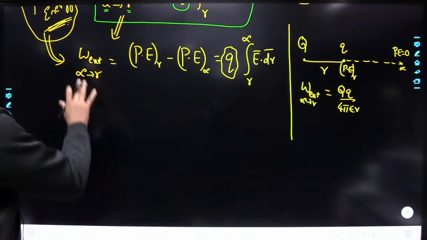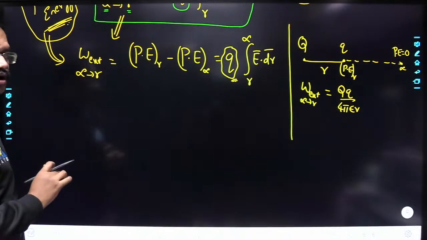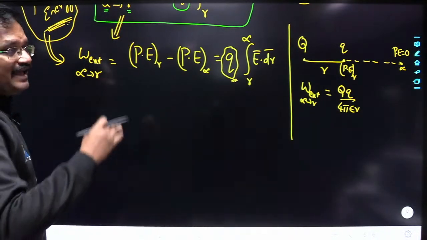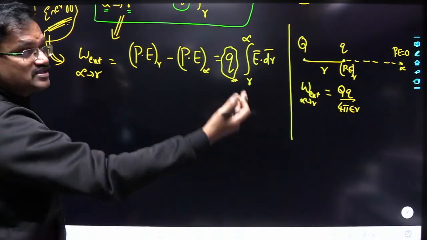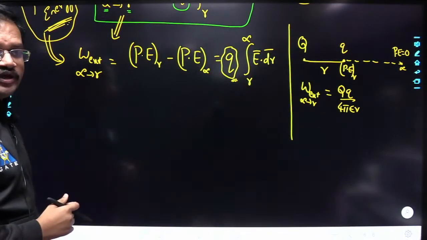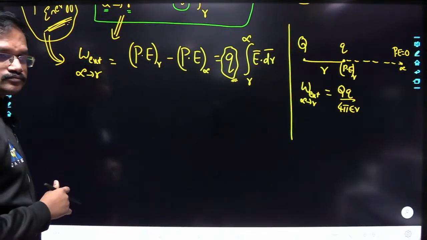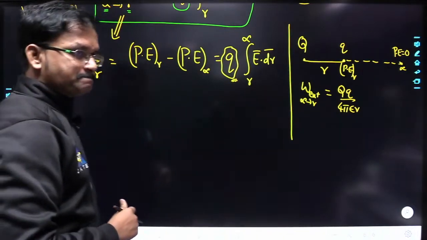What is the work done per unit charge, or the work done in bringing a unit positive charge from infinity to R? Tell me.